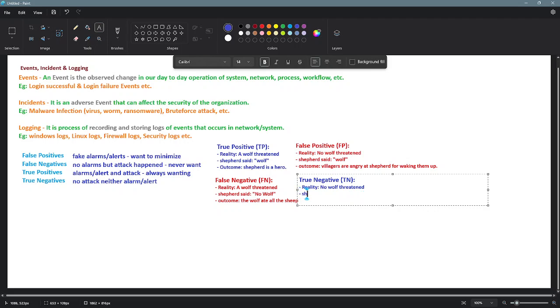The shepherd boy never said anything. Outcome: everyone is fine. That's it.